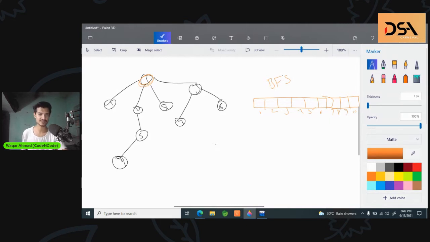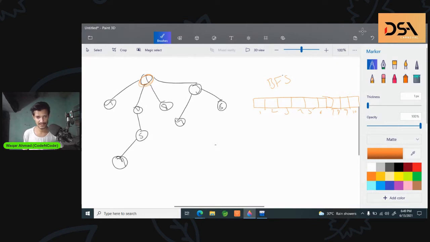So how BFS works? Since the problem statement is to find out distance of each node from certain node, which we'll be calling root, in this case, root is 1. So for each node, I want to find out the minimum distance from node 1. How you can do that? First of all, find out all of the nodes which are at distance 0 from node 1.